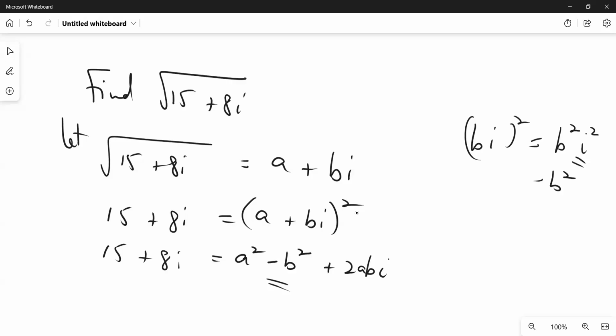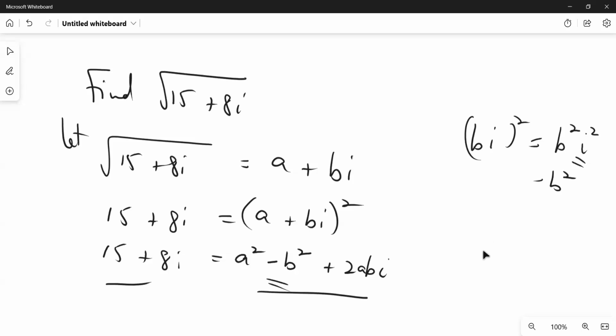Where were we? So now that we have this equals this, and if these two complex numbers are equal, then the real components and the imaginary components have to be equal. When two complex numbers are equal, their corresponding components are equal.